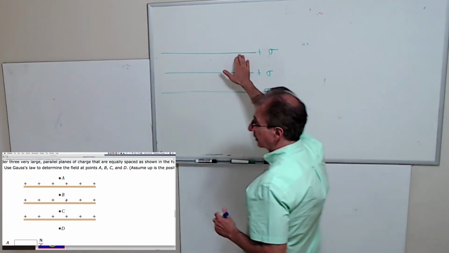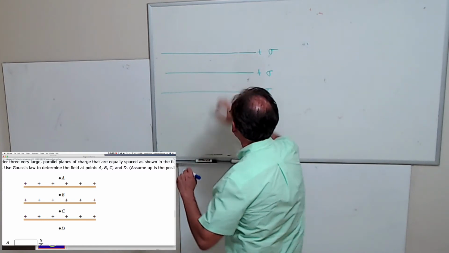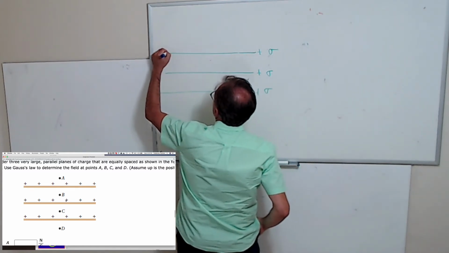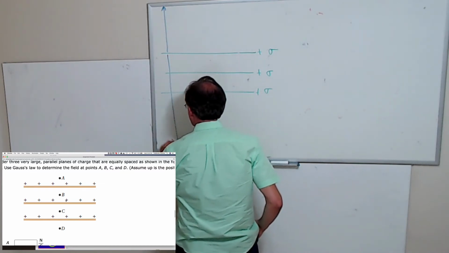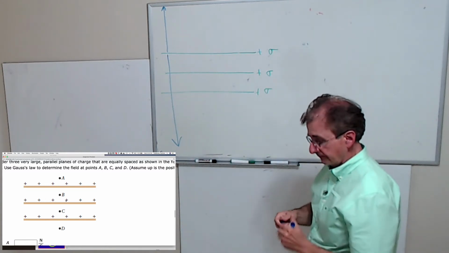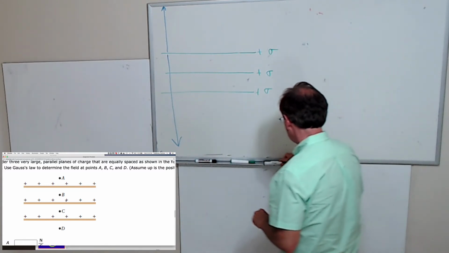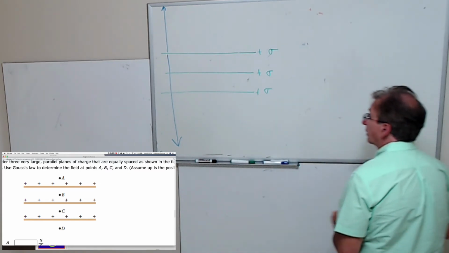So let's look at the top one. I'm going to use blue for the top one. The field lines point away from the blue one. They go through the other ones. Now I'm going to do the middle one.